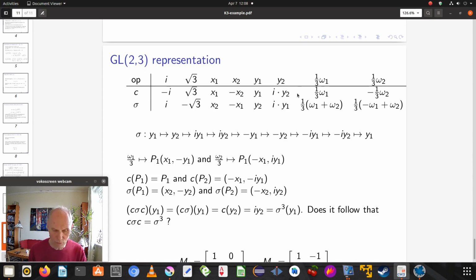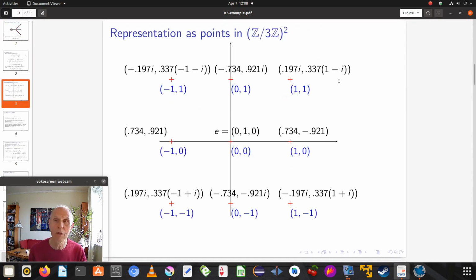So first a third omega 1. Omega 1, that's this point, x1 minus y1. So minus y1 goes to minus, now x1 goes to x2, that's this guy, and minus iy1 goes to minus iy2.